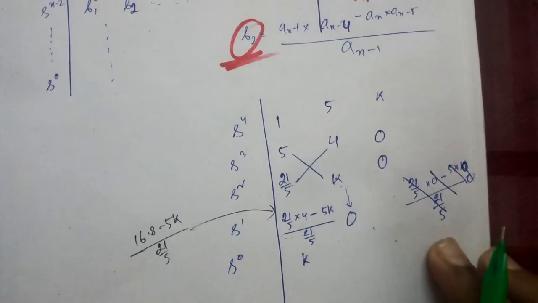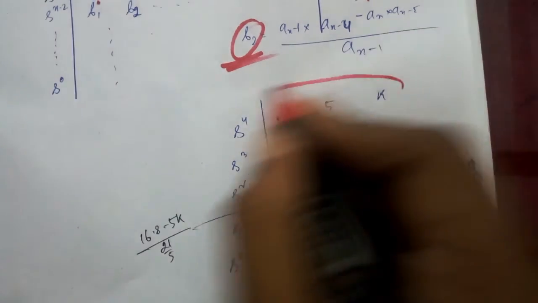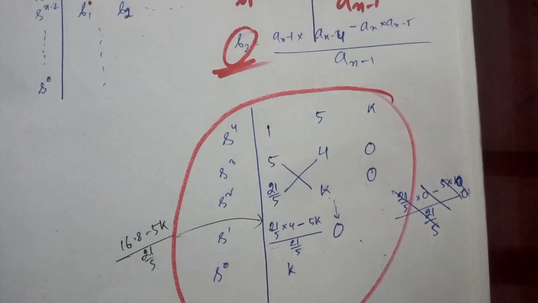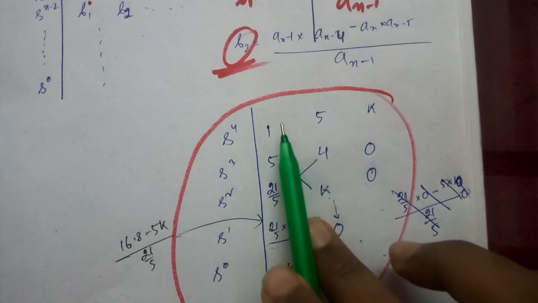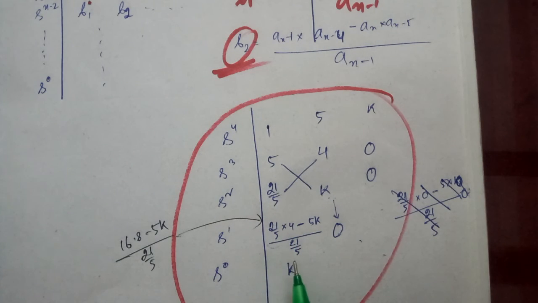Now we have formed the Routh array. This portion is the Routh array where we have to implement the Routh stability criterion. Now understand it very easily. The Routh stability criterion says every element in the first column of the Routh array should be positive.